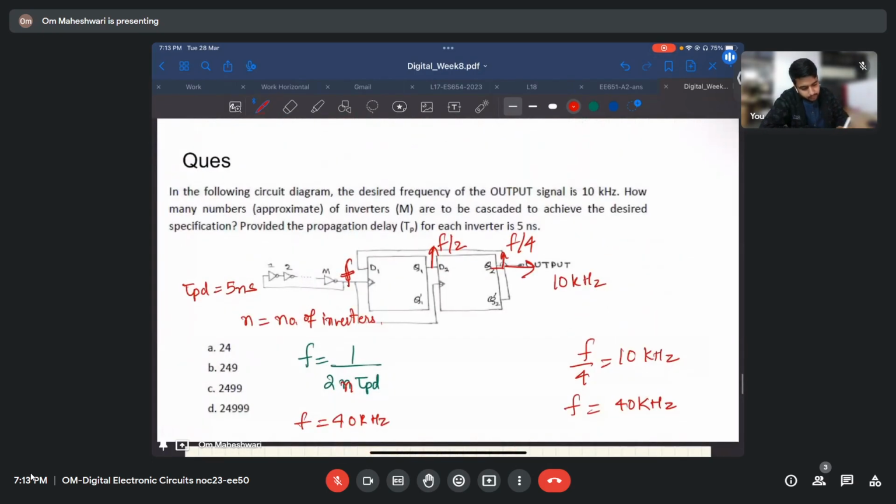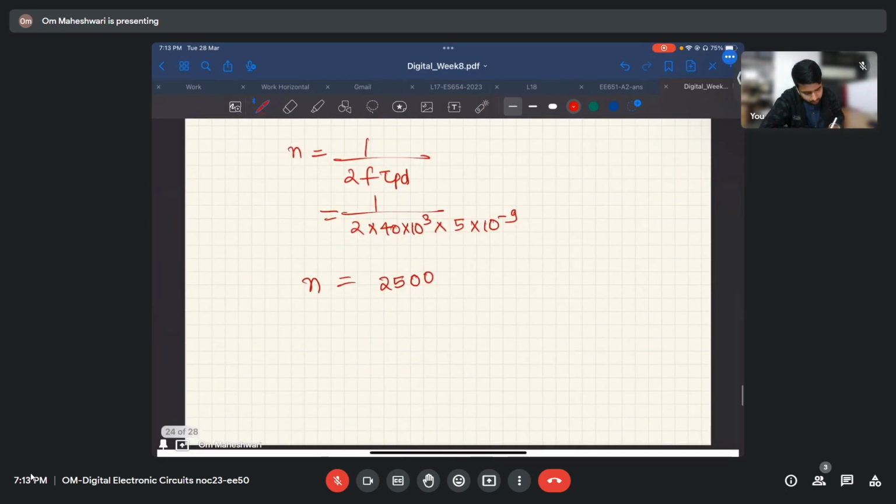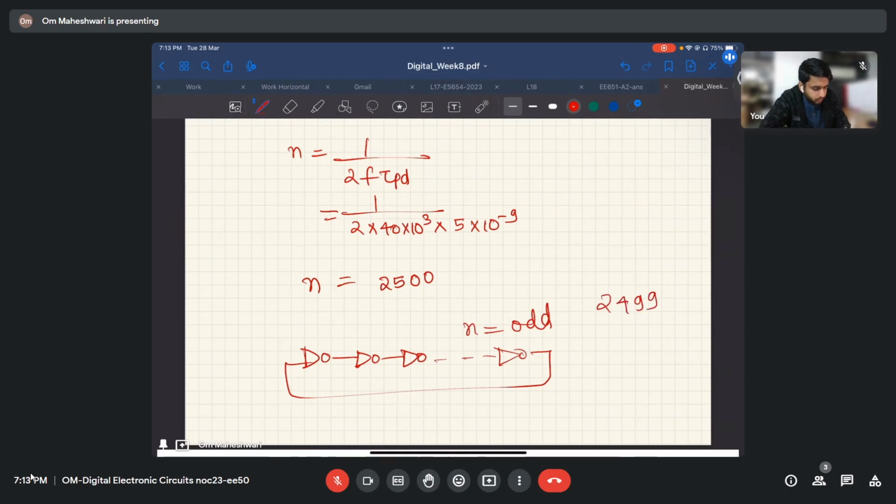But actually, we are making inverters. We need the number of inverters, but we know for a ring oscillator n should be odd, right? So we need 2499 inverters. Why should n be odd? If I have a 0 here, it will be 1 here, it will be 0 here. So it will just store this. But if I need to flip it again and again, then I need an odd number.